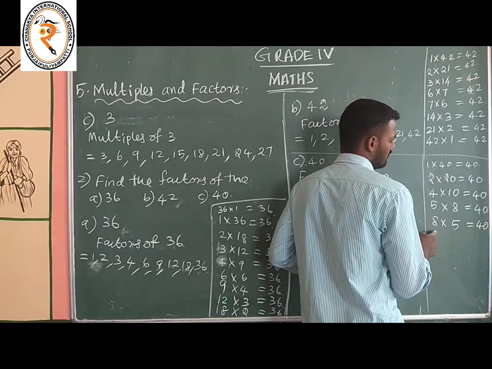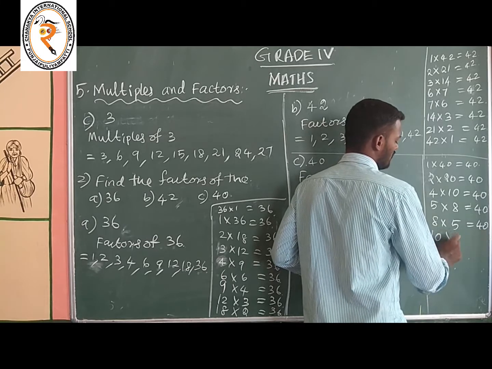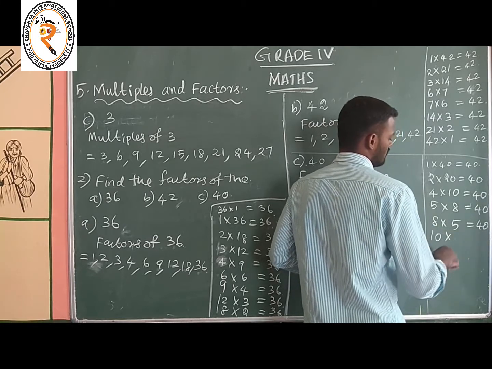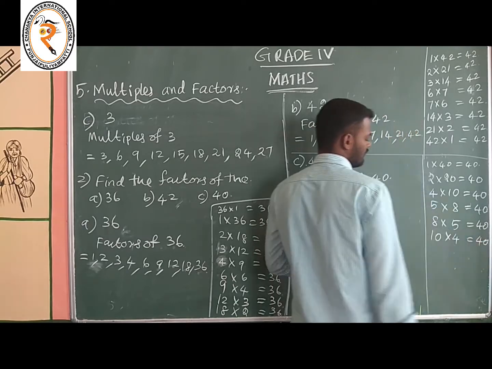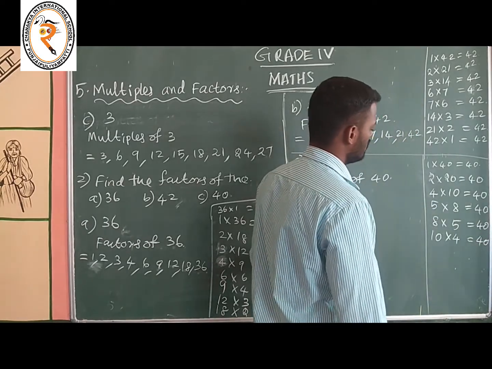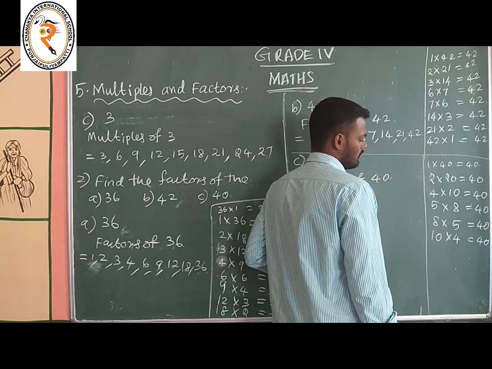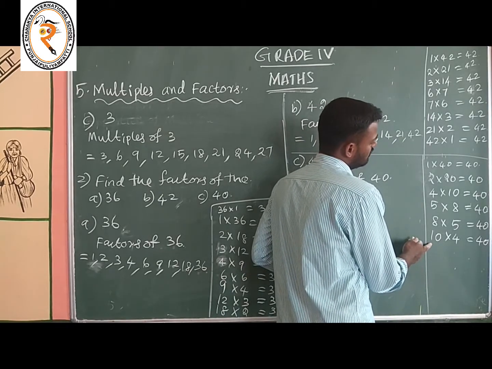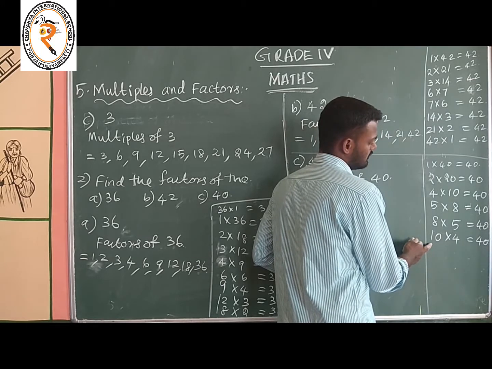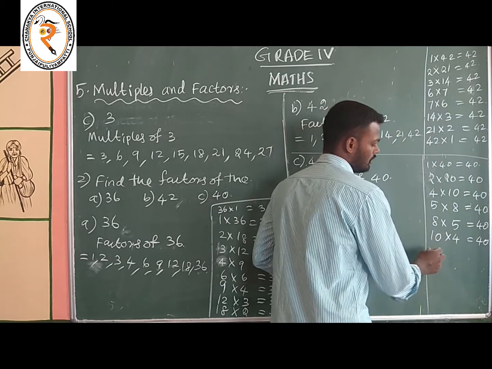And the 10th table: 10 4s are 40. And the 11th through 19th tables do not come.